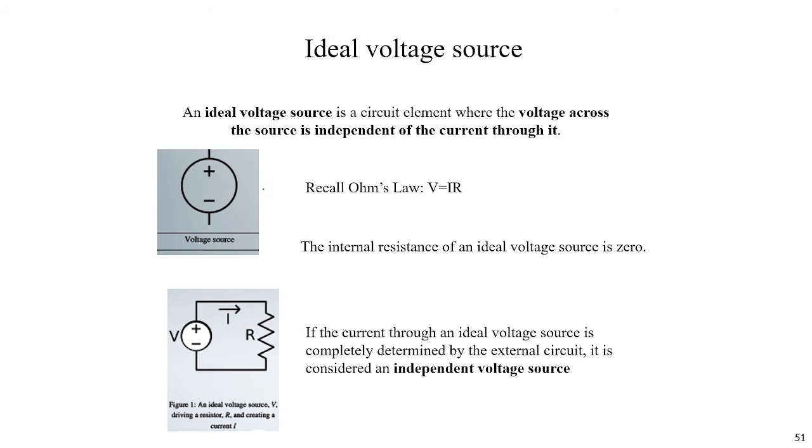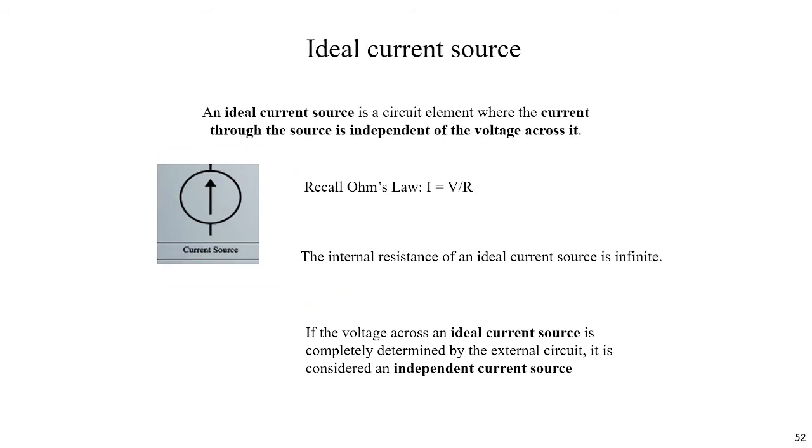For the ideal voltage source here, it's always constant. We can use Ohm's law, V equals I times R, for this circuit. And for the current source, there is also current flow.